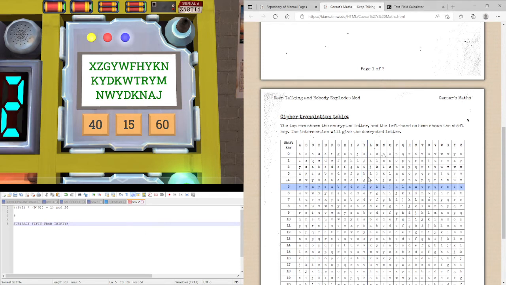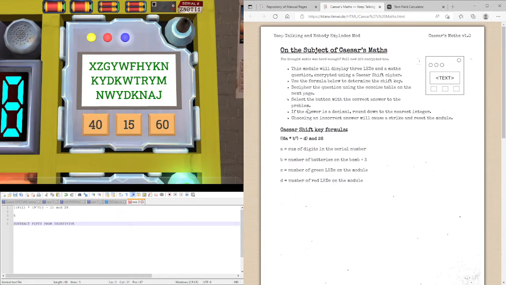F. This is going to be 4 or 5. This could be 5. You can see here. Subtract 50 from 35. Wait, subtract 50 from 35.